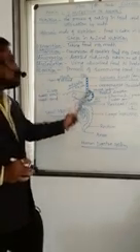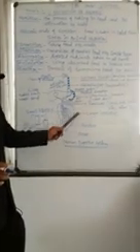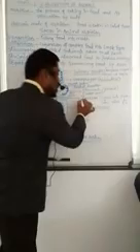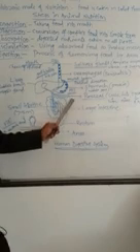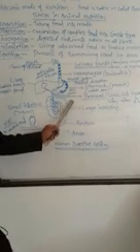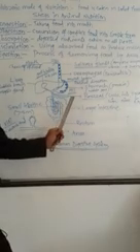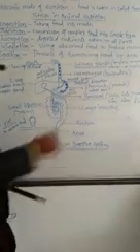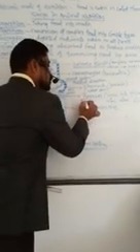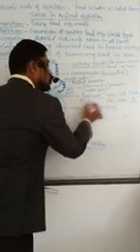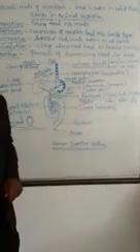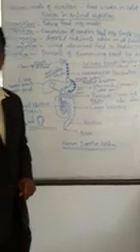Now look at this. Exactly below the stomach, you will see the pancreas. What is this organ? This organ is called the pancreas. Pancreas produces pancreatic juice, which is very important. Insulin is produced here. This insulin is used to control the glucose, that is nothing but the sugar level in our body.